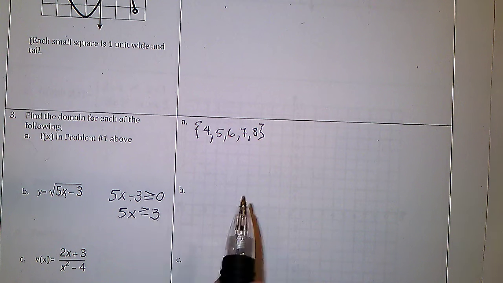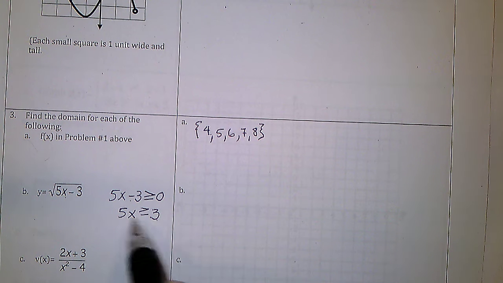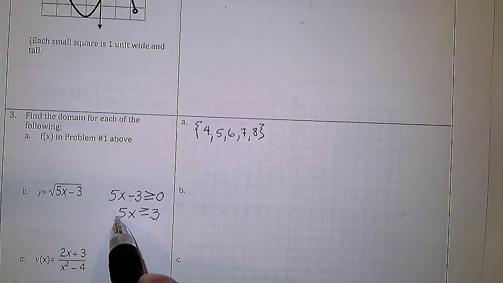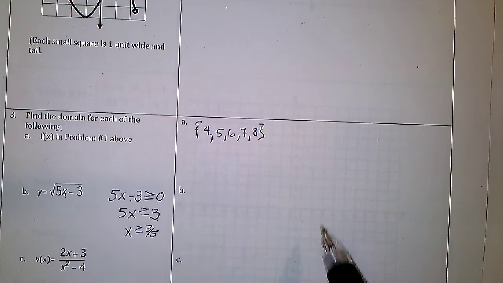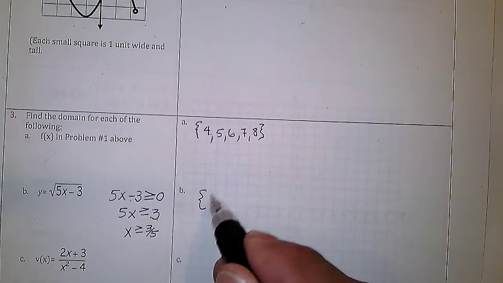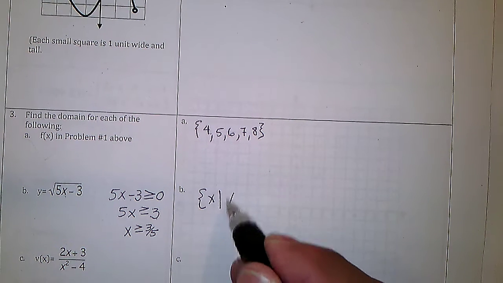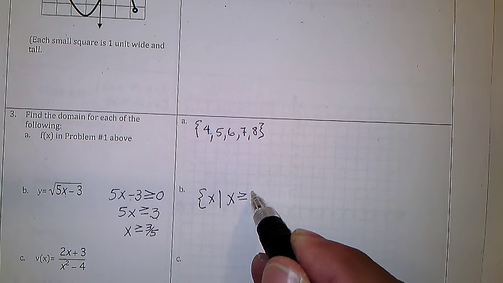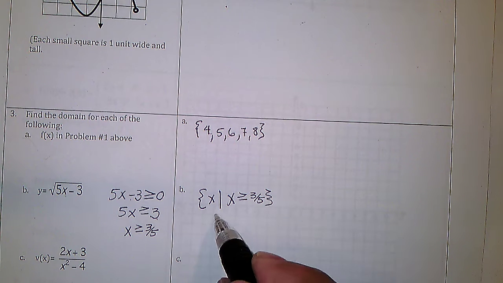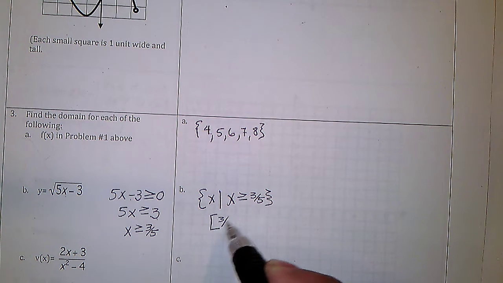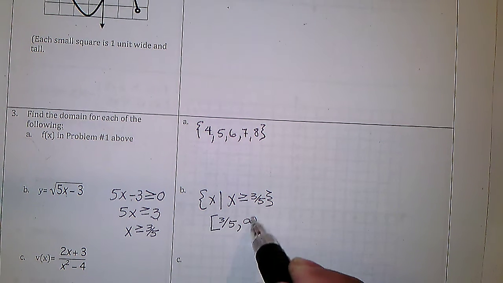If I divide both sides by 5, and since I'm dividing or multiplying, I have to make sure I'm doing it by a positive and not a negative. If a negative, I have to flip the sign, but I don't on this, so I get x is greater than or equal to, dividing by 5, 3/5. So the domain is all numbers such that the numbers are greater than or equal to 3/5. Or in interval notation, from 3/5 to infinity.